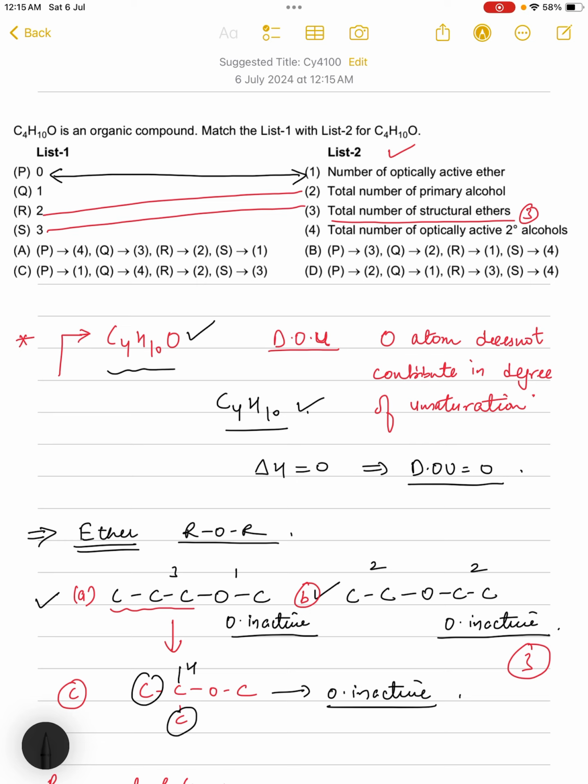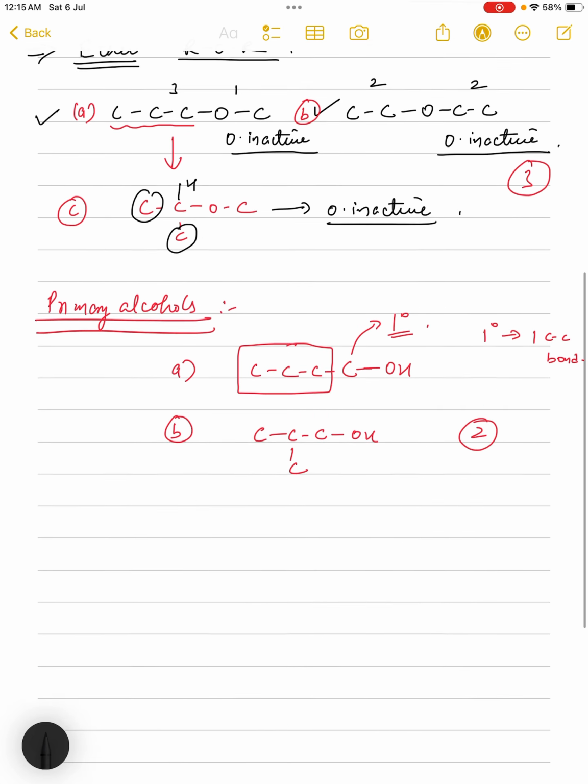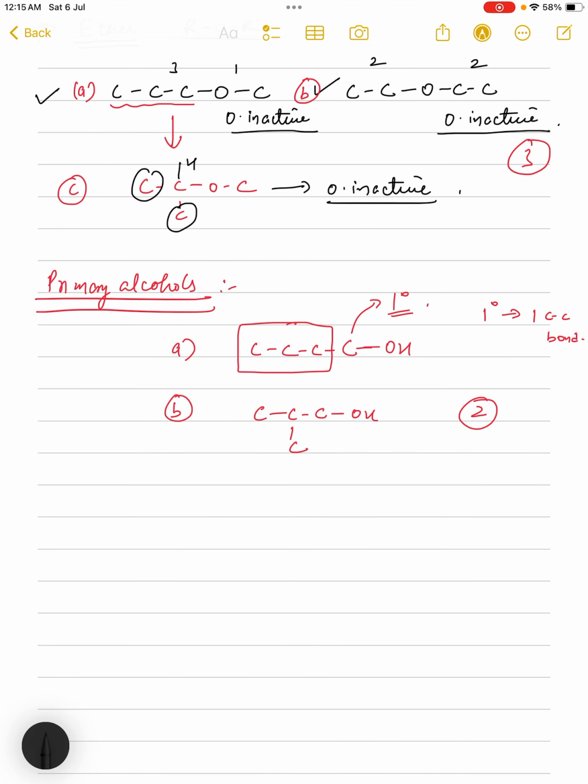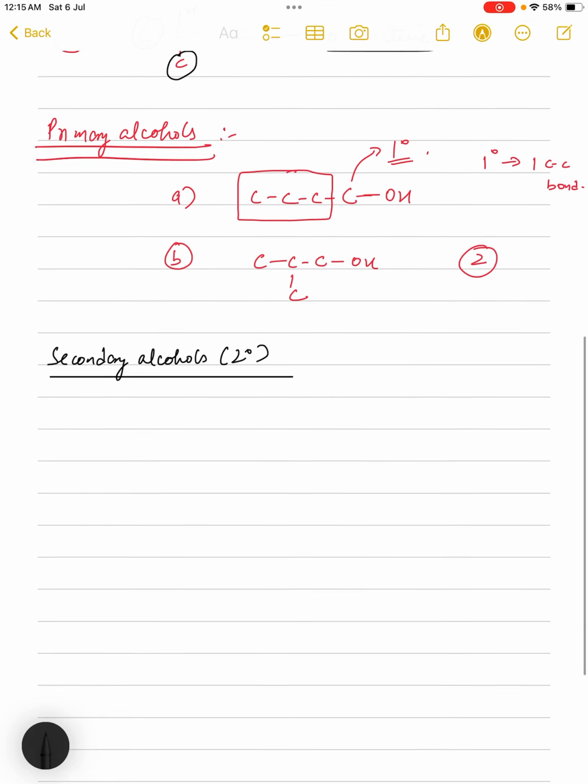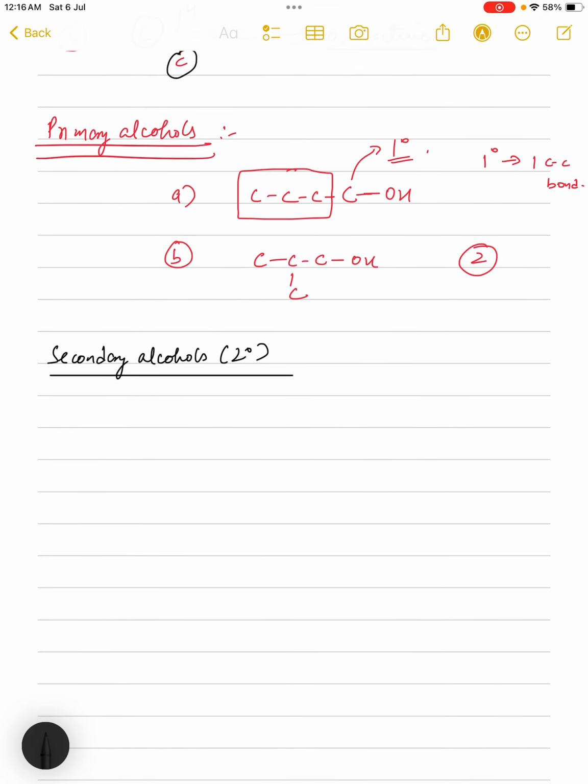And the last, fourth option, the total number of optically active 2 degree alcohols. That means we need to draw the 2 degree alcohols, that is, secondary alcohols. What do we need to do?